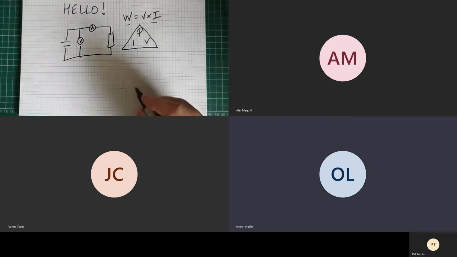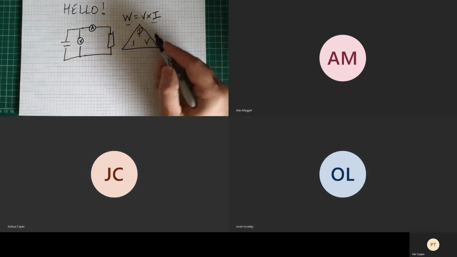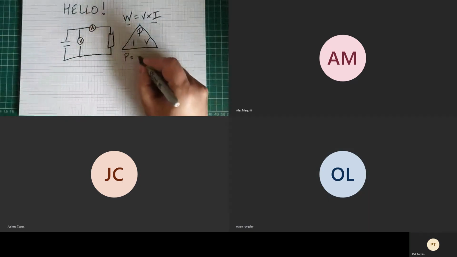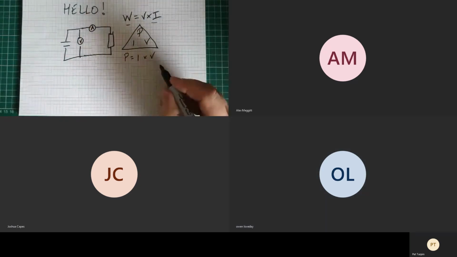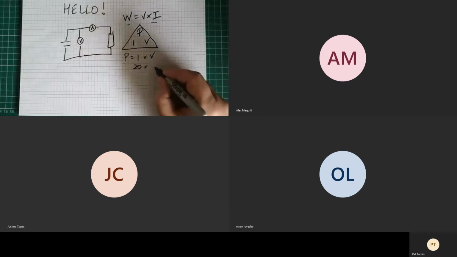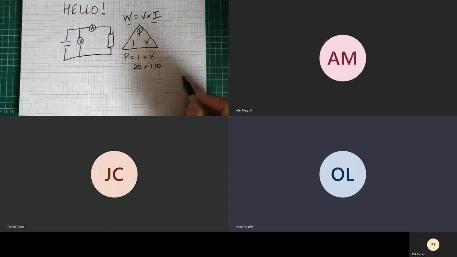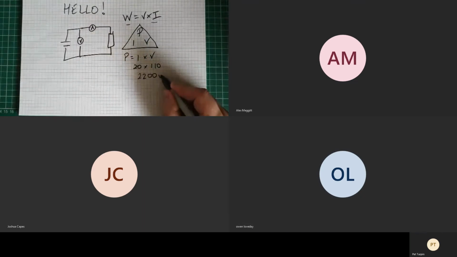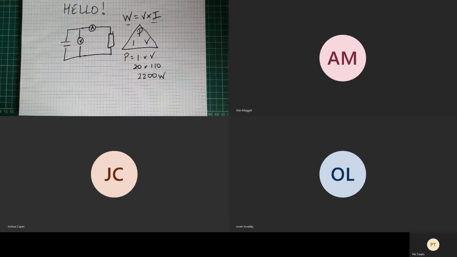It just looks scary. So we want to know the power. So P equals I times V. I is 20. V is 110. 20 times 110, 2,200 watts.